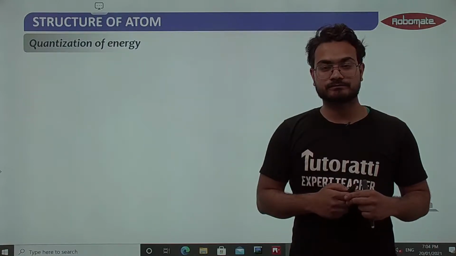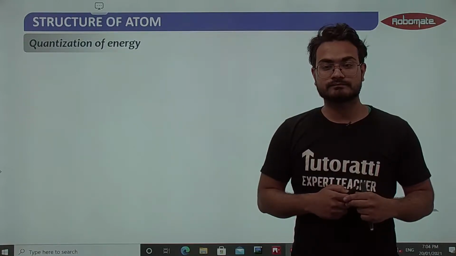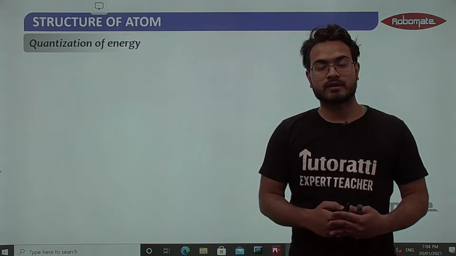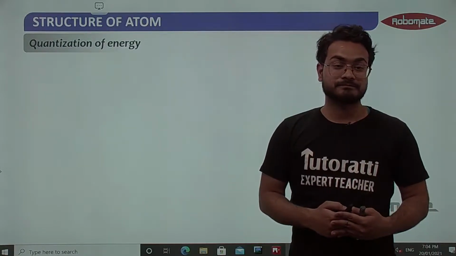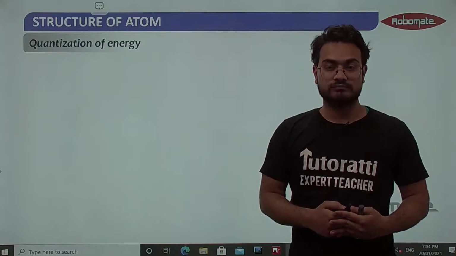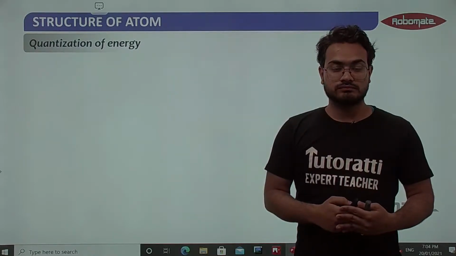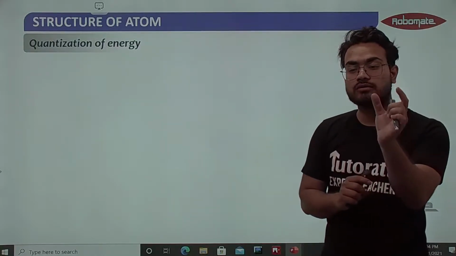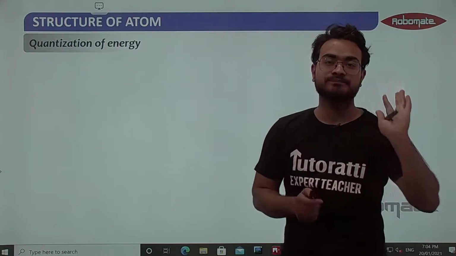Let's see. Good. Quanta is the smallest unit of anything.